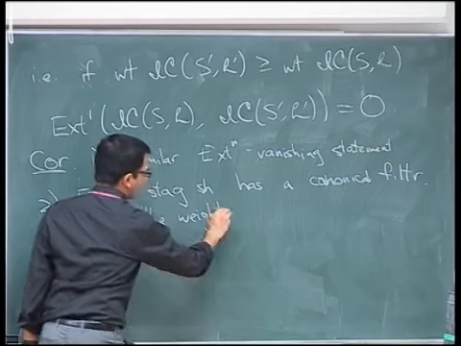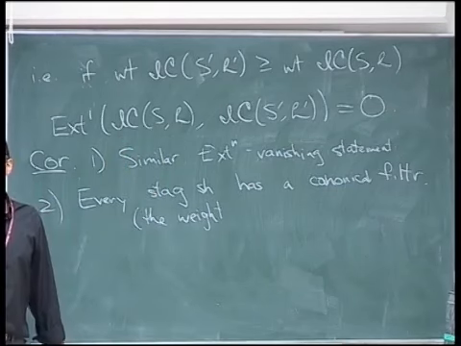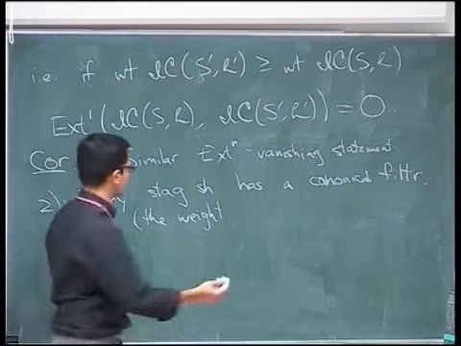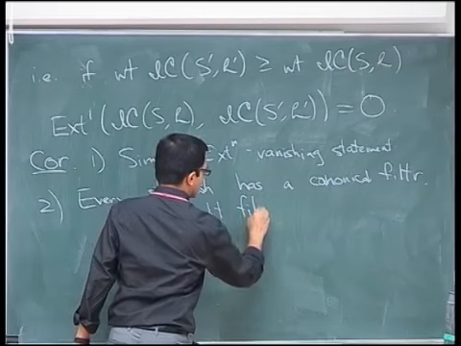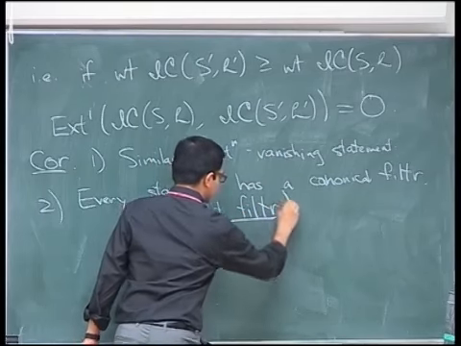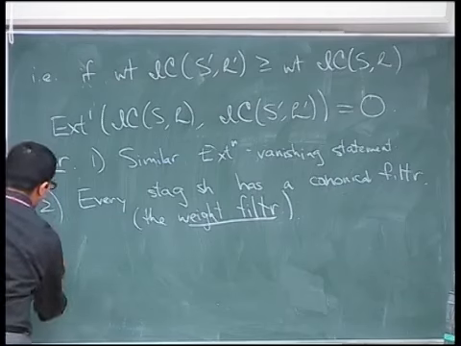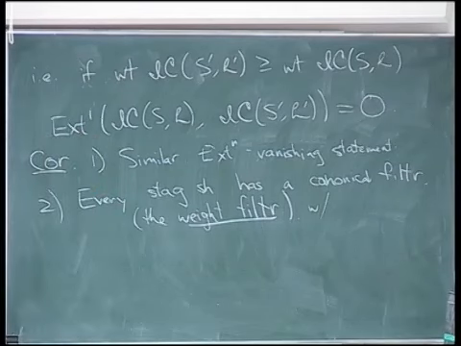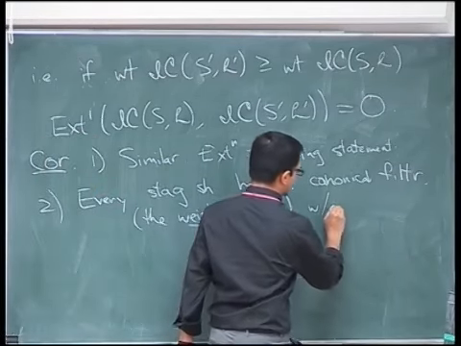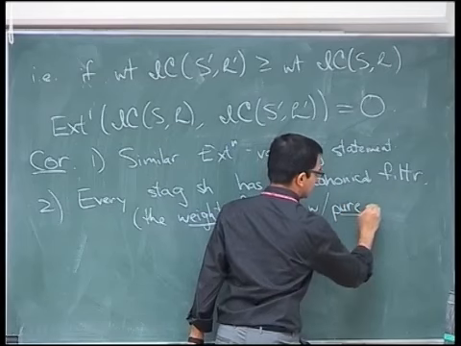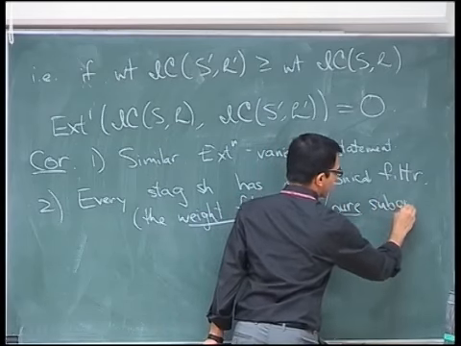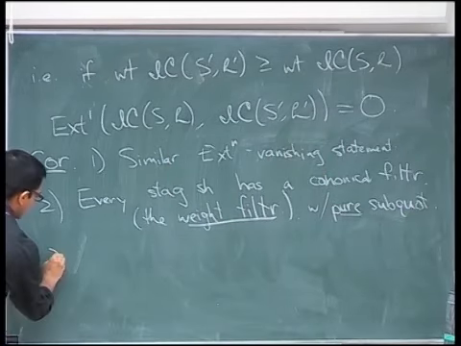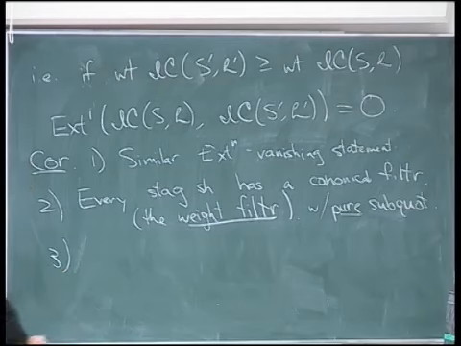So the simple subquotients of minimal weight are actually subobjects. The simple subquotients of maximal weight are in fact quotients, and so on. So that's the weight filtration, so there's a canonical filtration, and the subquotients of that filtration are pure, meaning that only one weight occurs. And the third thing is that pure objects are always semi-simple.